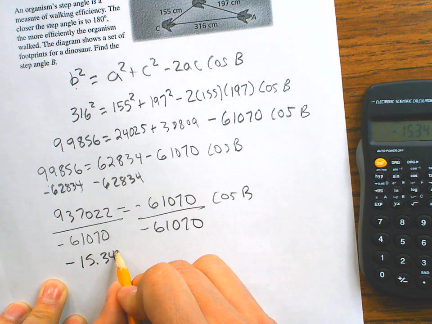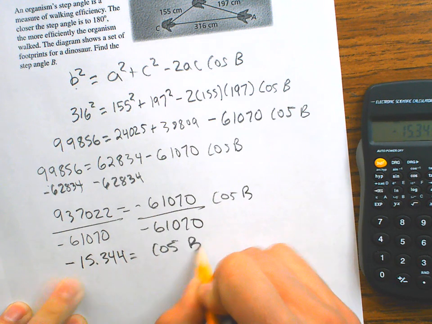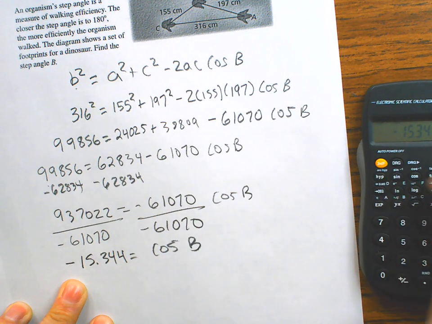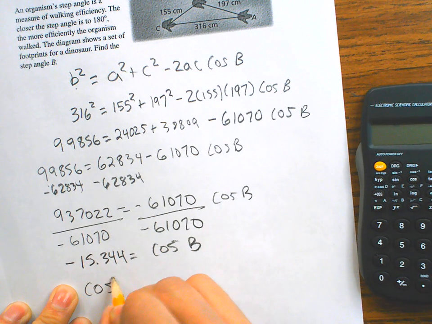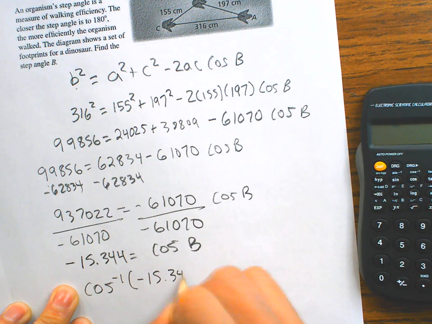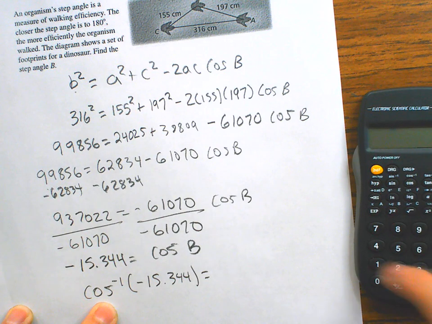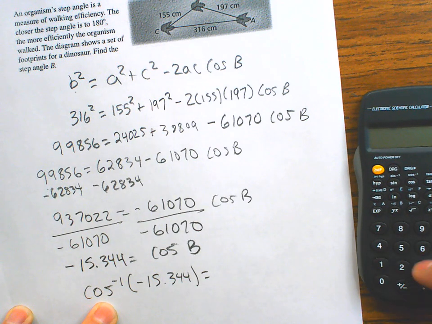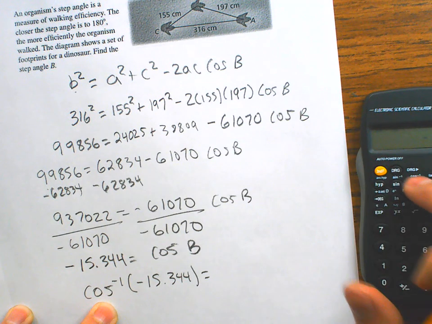And now you're probably thinking, wait a minute, the cosine is a negative. When you take the inverse cosine of that, whoops, because you can take the inverse cosine of a negative number.